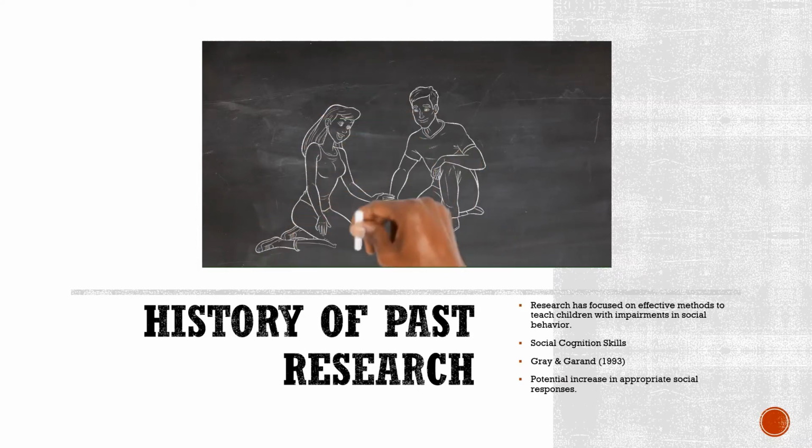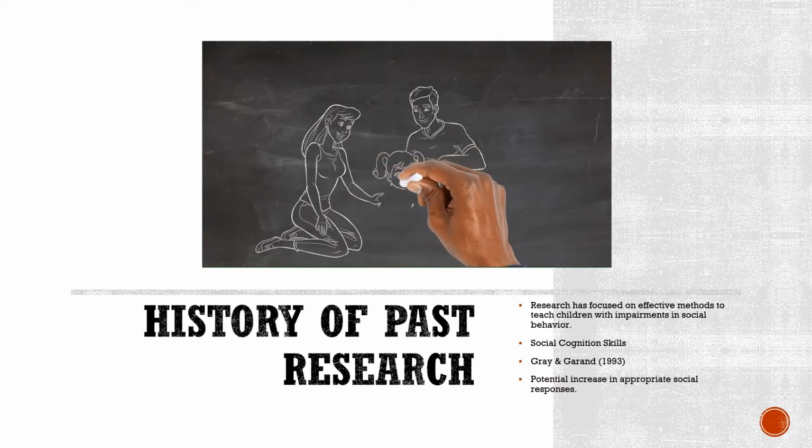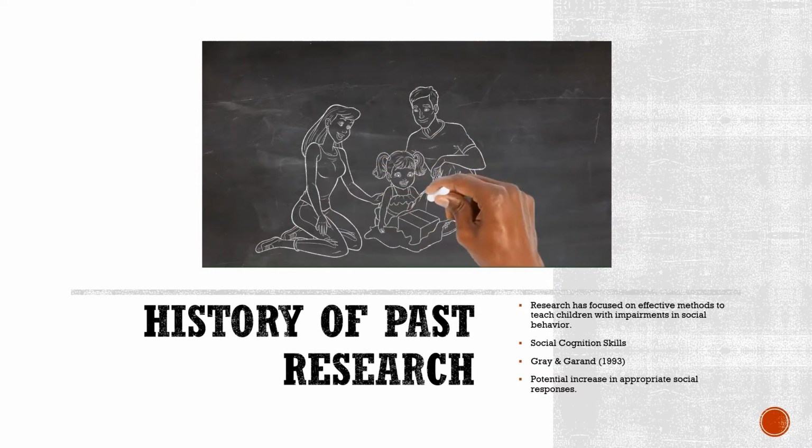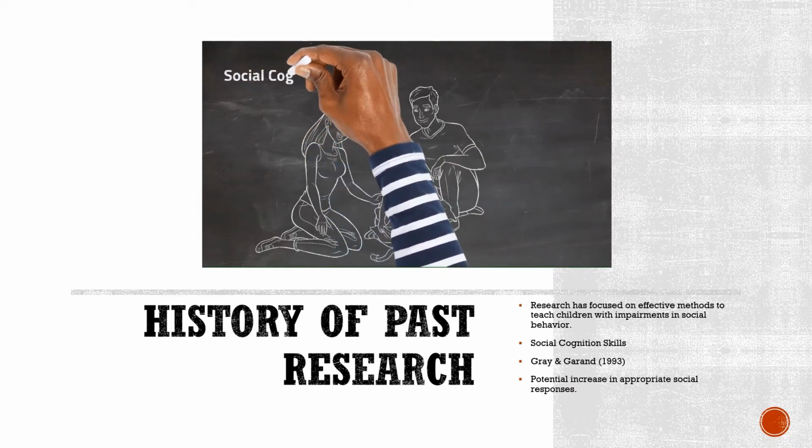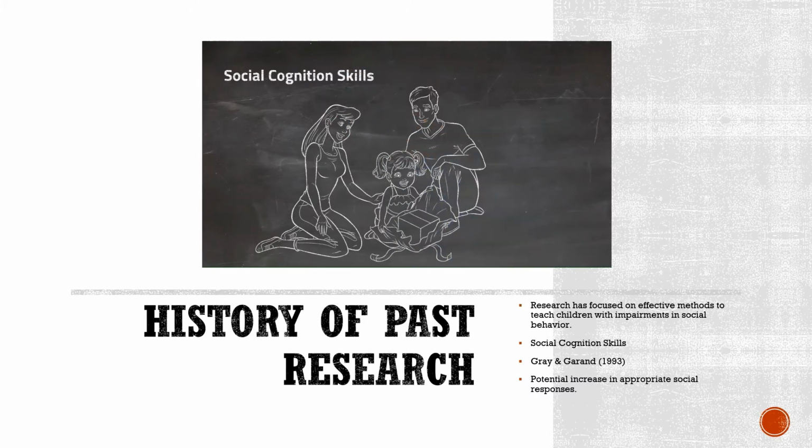In an attempt to alleviate some of the barriers that students experience in this area, researchers have narrowed down their focus to the cognitive skills required for social interaction, or social cognition skills. Teaching appropriate social behaviors centered around social stories is built upon researched understanding of social cognition skills.